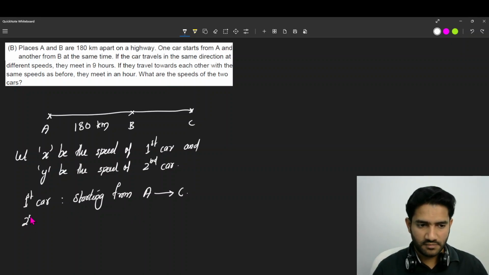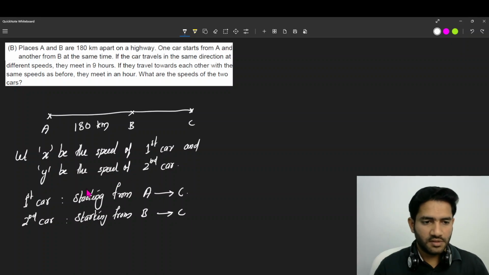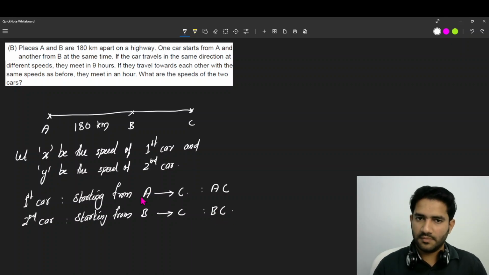Second car starting from B to C. So what's the difference between this first car and second car? The difference between the distance. First car travels AC. Second car travels BC.